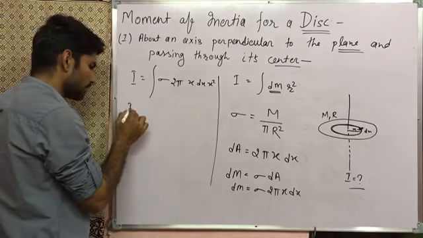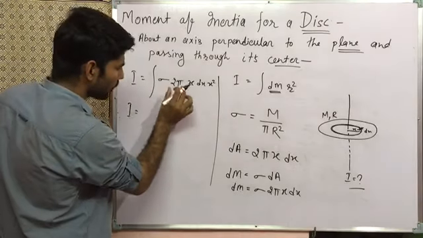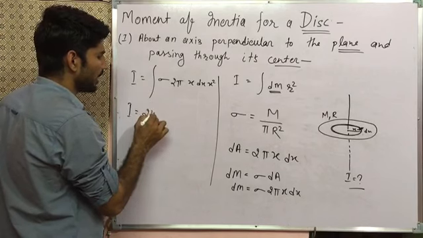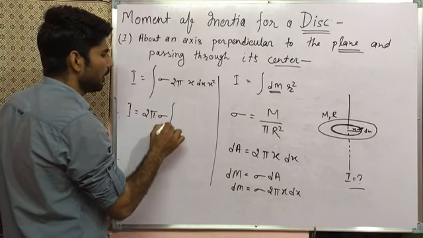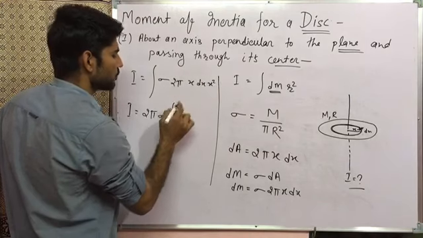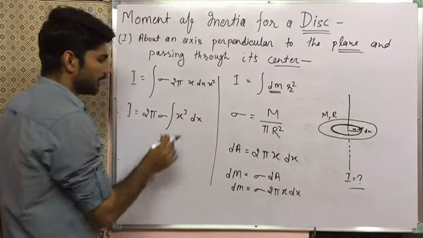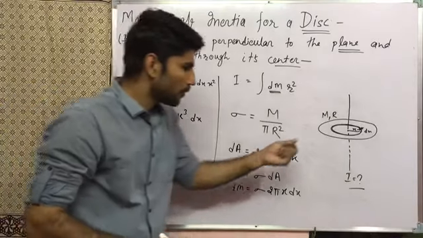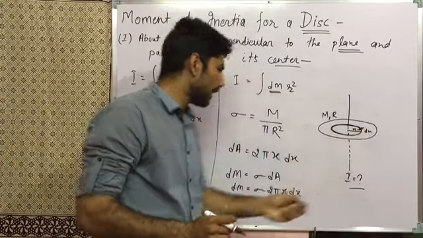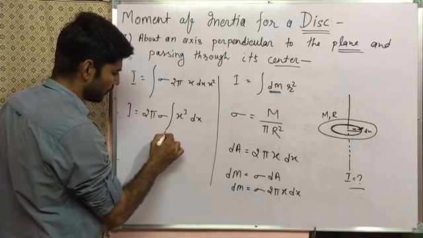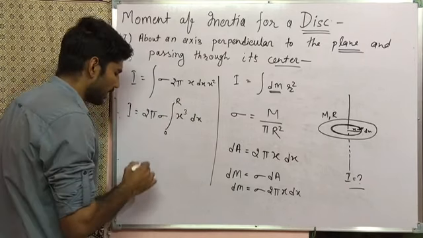We solve this by taking all the constants out of the integration, like 2 pi sigma, and x square times x becomes x cube, with dx. Here the value of x varies from 0 to capital R, so we use the limits of integration from 0 to capital R.